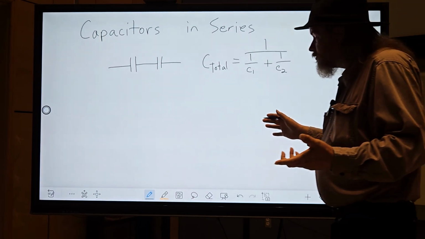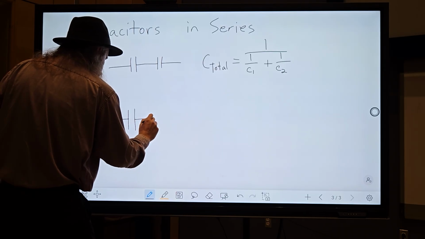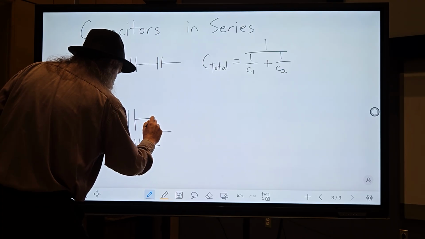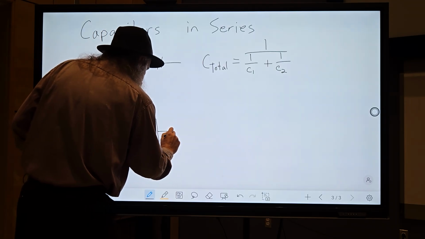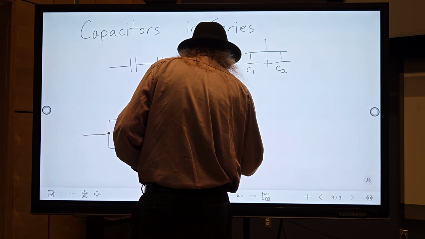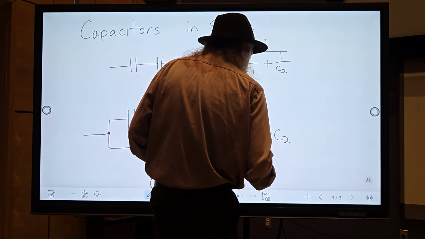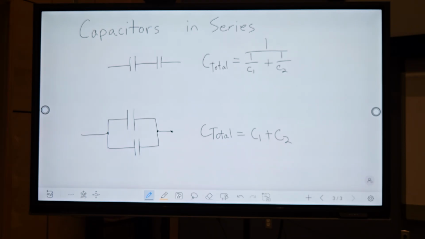And as you might imagine, in parallel, you just add the value of the capacitors together and you get the overall capacitance of the capacitors in parallel.